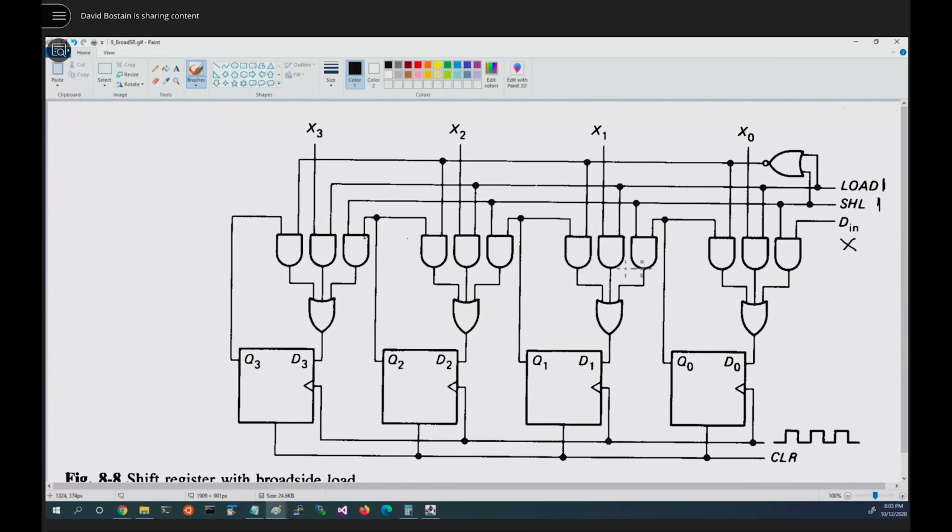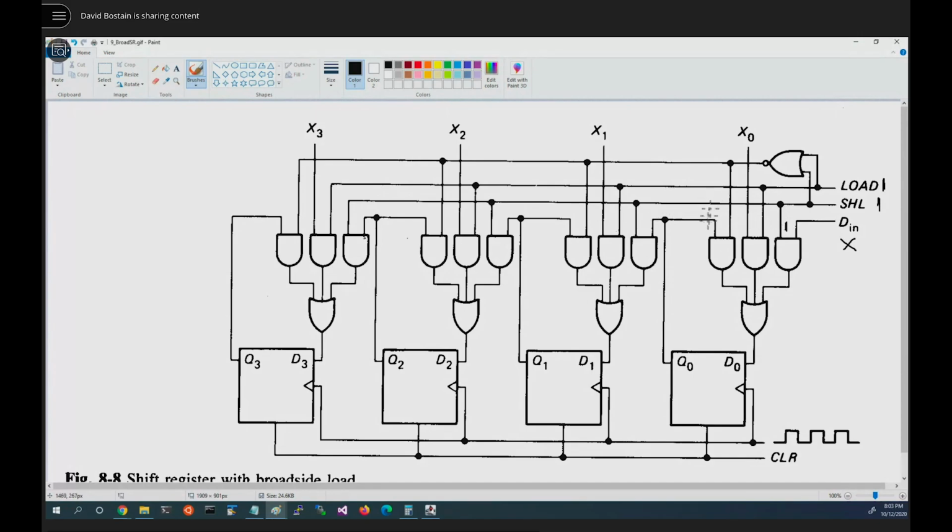Great test question if I had a different picture of this doing something else, right? Well, let's see what would happen if both of those are 1s. We don't care what D is because it's going to either be loaded in or it's not. If this is a 1, which one of the gates are enabled? Well, if shift left is a 1, this guy right here is a 1.